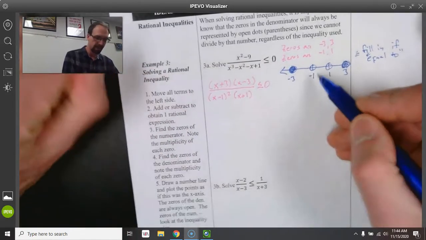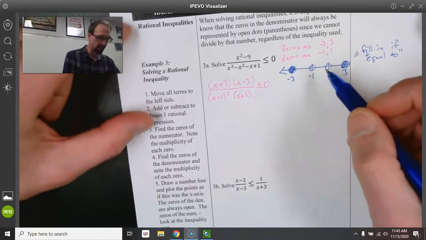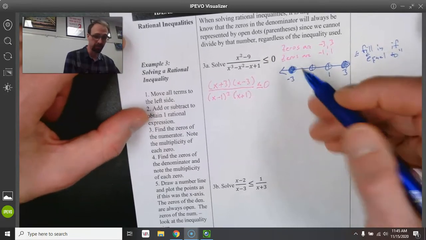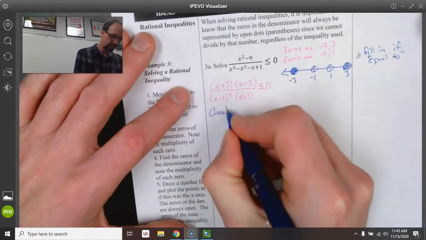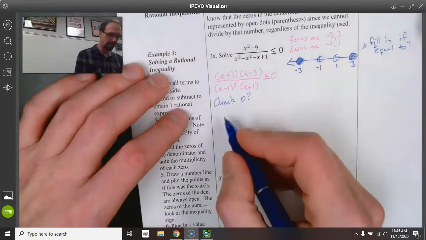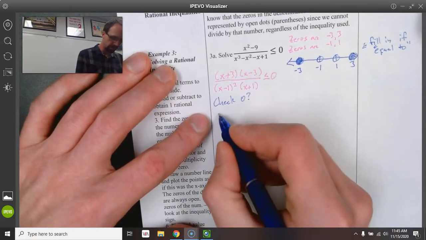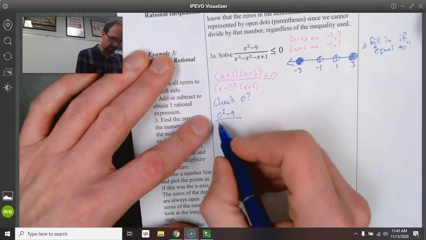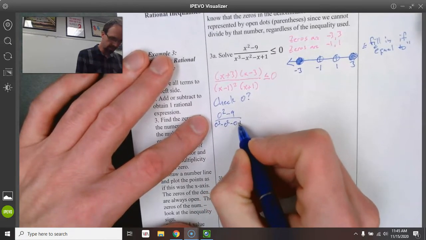So here, the easiest number to check or plug in is usually 0, to see if I get a true or false statement. Sometimes you can't check 0. We'll talk about that here in a bit. So 0 squared minus 9, and then 0 cubed minus 0 squared minus 0 plus 1.